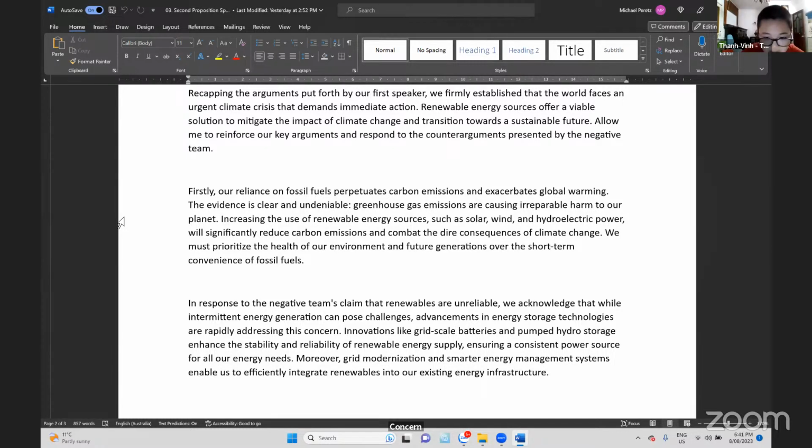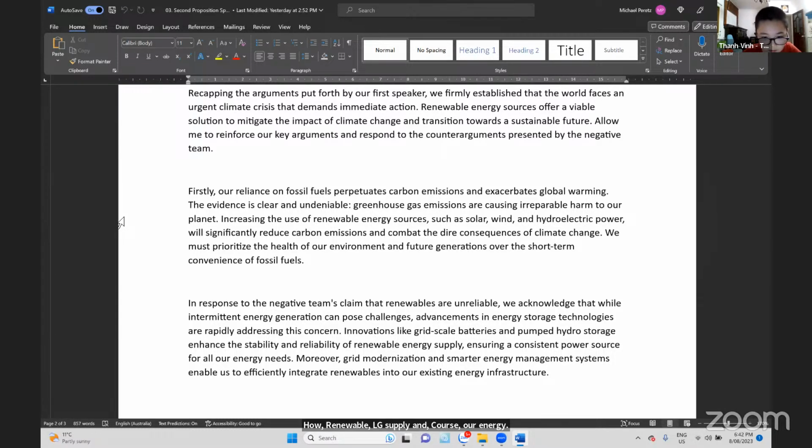Innovations like grid-scale batteries and pumped hydro storage enhance the stability and reliability of renewable energy supply, ensuring a consistent power source for all our energy needs.